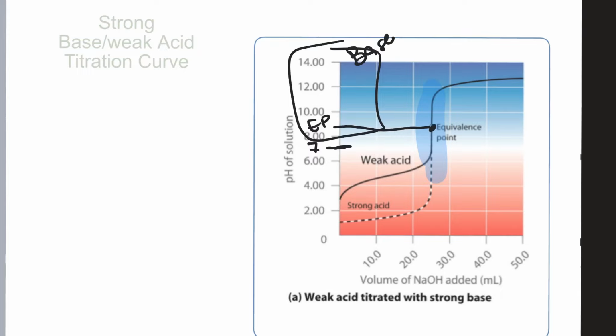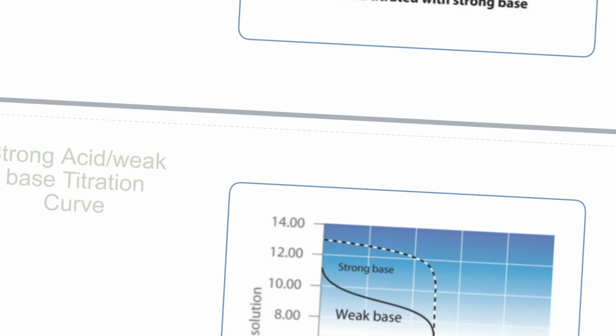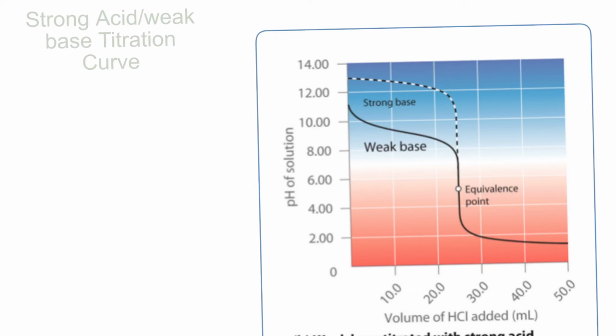Vice versa, if your equivalence point is below 7, then you know you have a strong acid titrated with a weak base. That's the difference, and make sure you are able to identify that.